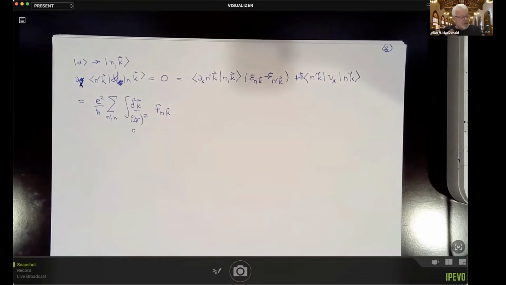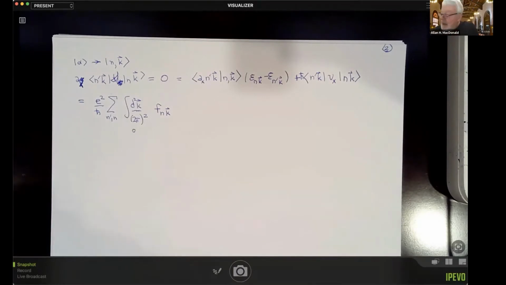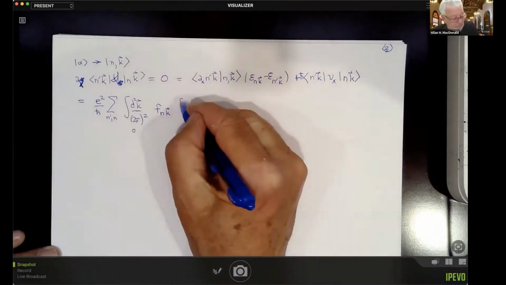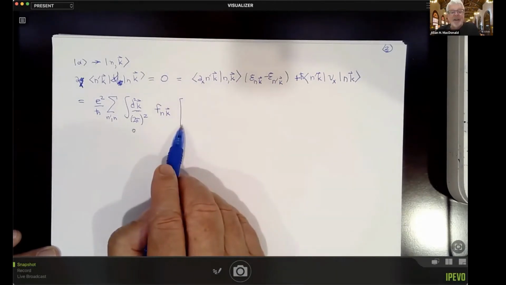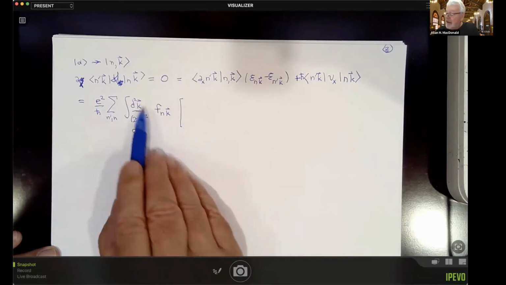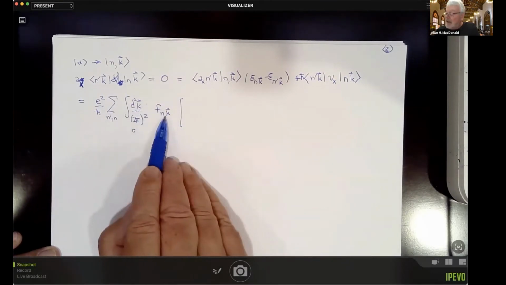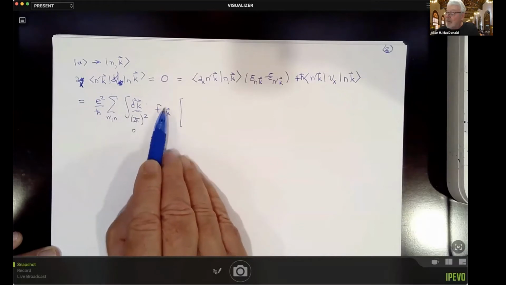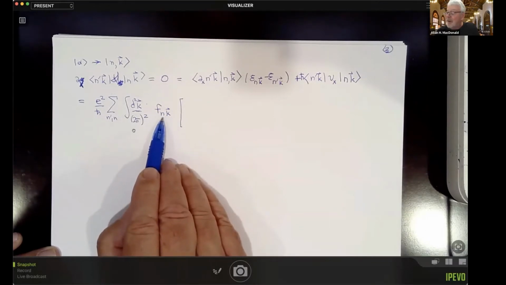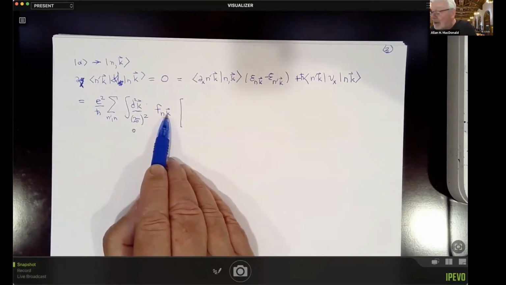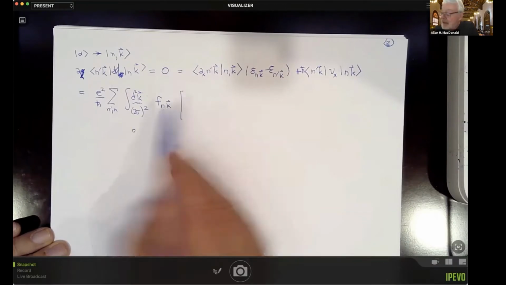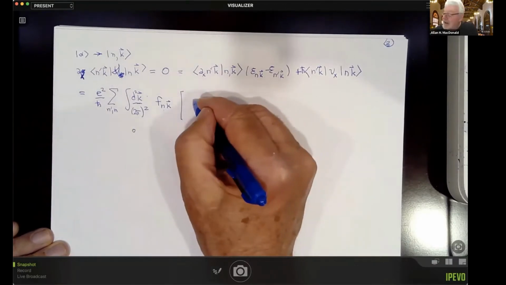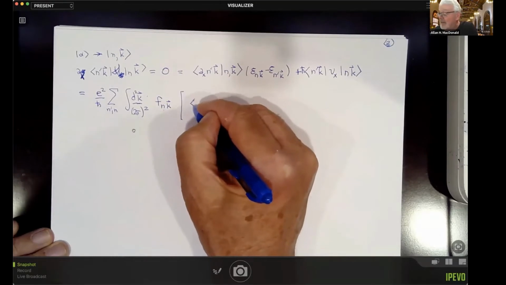The energy denominators have disappeared, and once the energy denominators have disappeared, then for every occupation number, the sum over all of the states that are coupled to this one, you can just do that sum by a closure identity. There's nothing else left that depends on that factor.